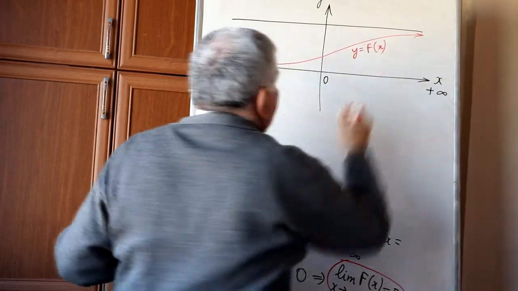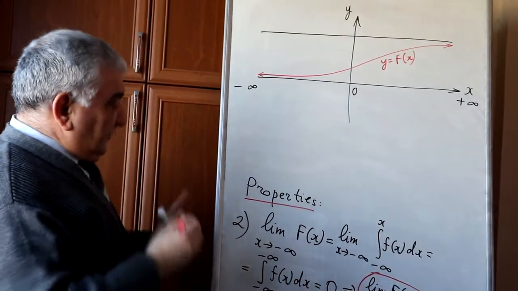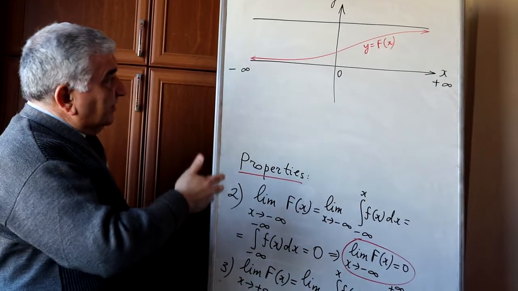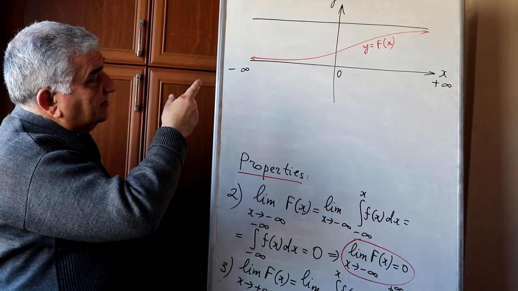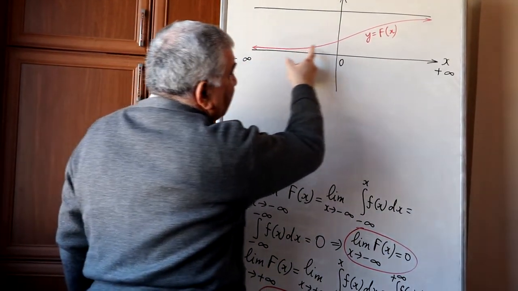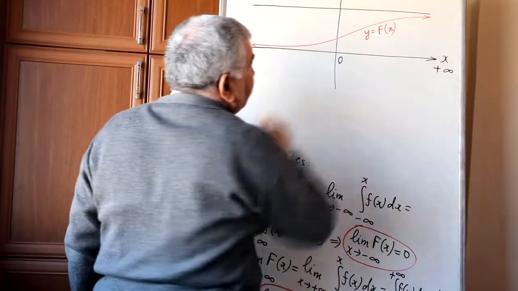It is the graph of the integral distributive function. According to the first property, this function is an increasing one. You see that this function increases.